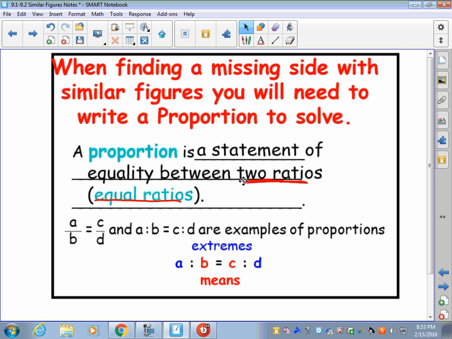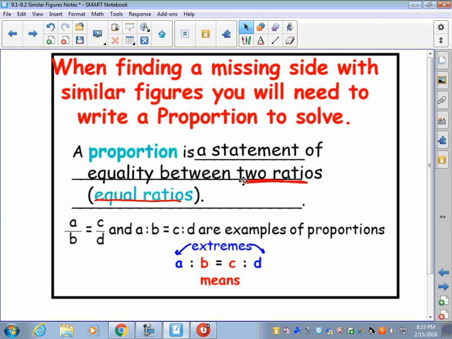So if you see right here, the means are the parts in the middle. I'm hoping you recognize that. And the extremes are the parts on the outside, the outliers at the ends. Just understand those parts, because problems make reference to them.